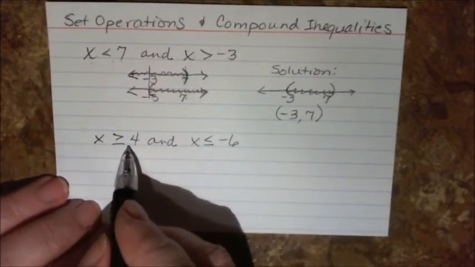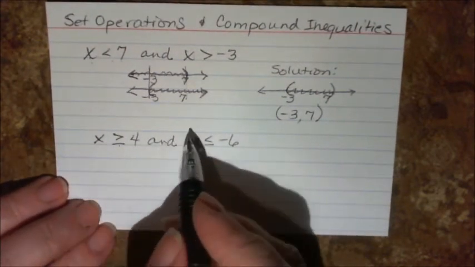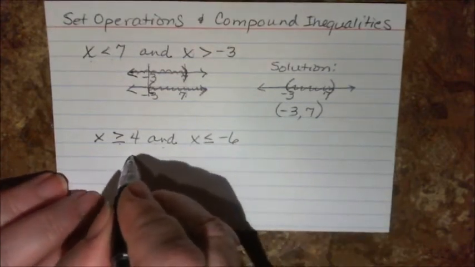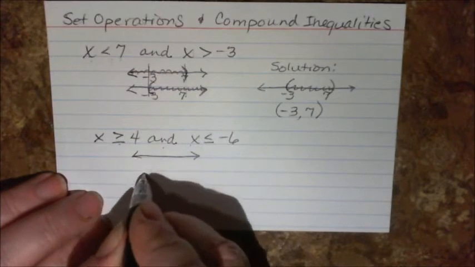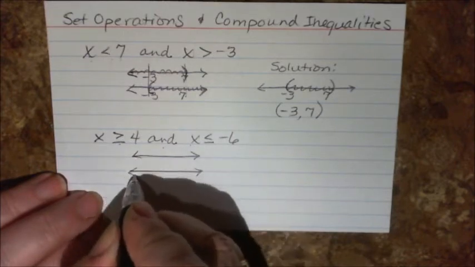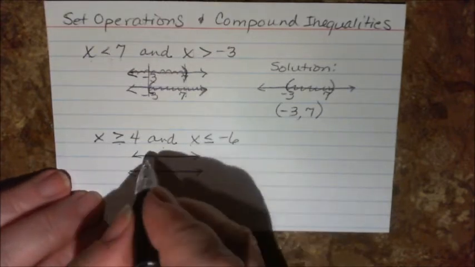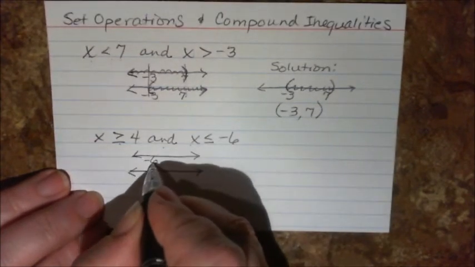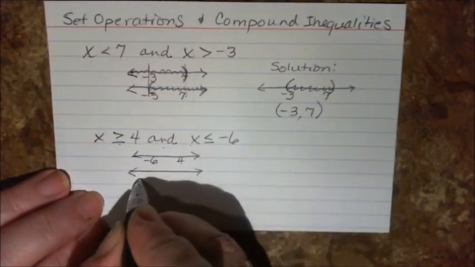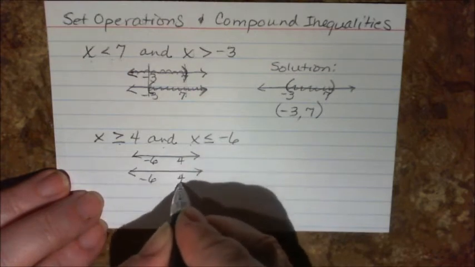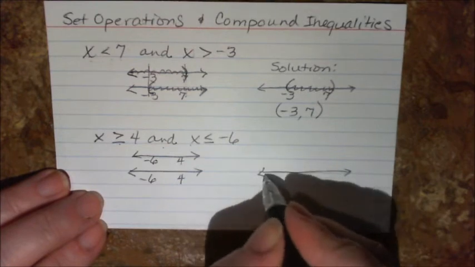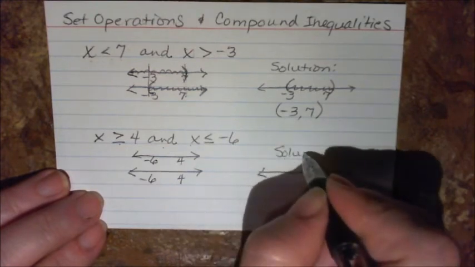Well, let's do this one. x is greater than or equal to 4 and x is less than or equal to -6. So let's take two graphs, one for each inequality, and let's mark these in number line order, -6 and 4, and then let's make a graph for the solution.